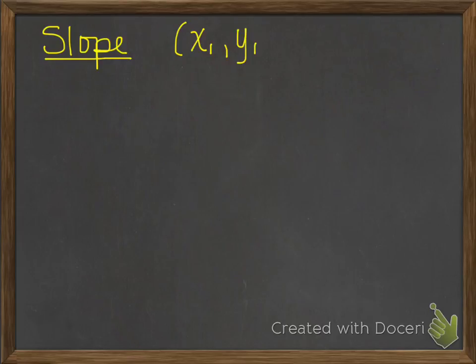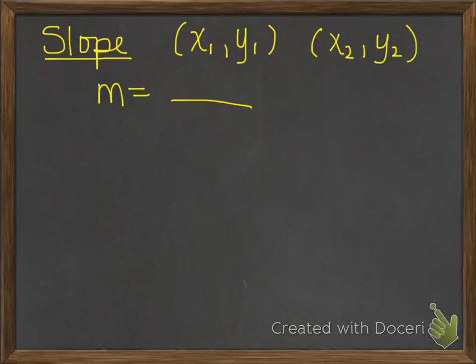So we've got x1, y1 as one point that might lie on the line, and x2, y2 could be another point. These two points are on the graph of a line, and I could find their slope. Their slope would be what? See if you can write the slope formula given that notation for those points.